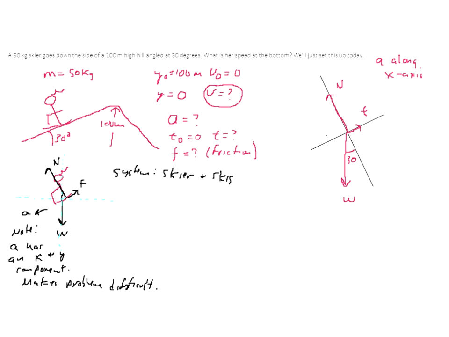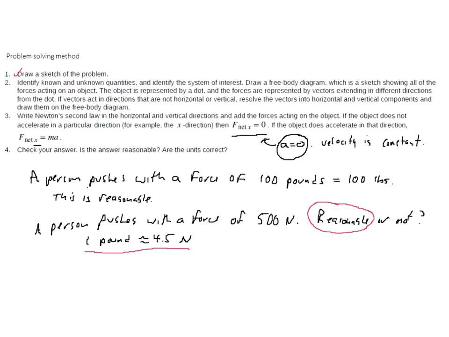And the 30 degrees for the hill is this right here. So we actually have two components then. So we've got a y component of the w and an x component of the w.